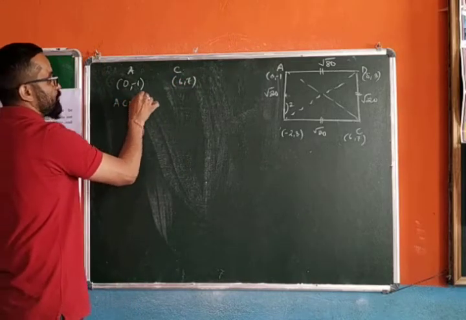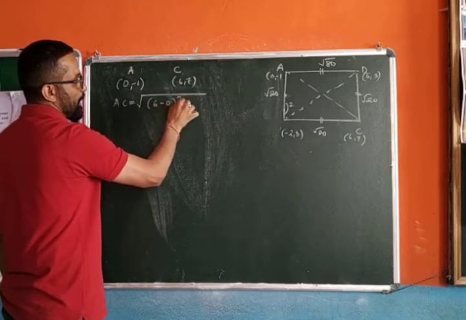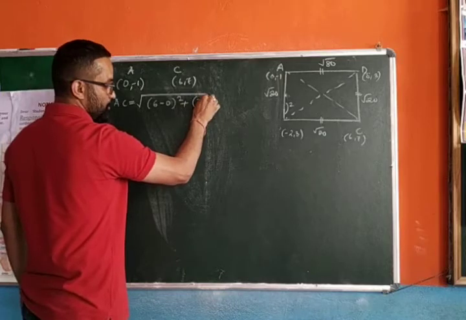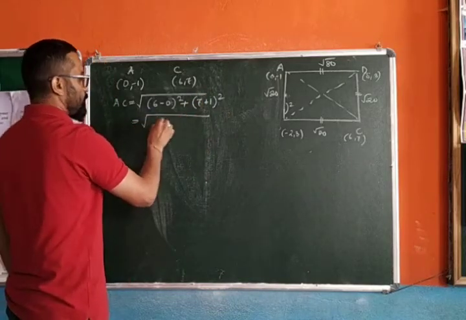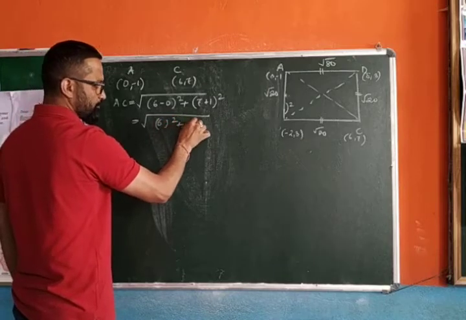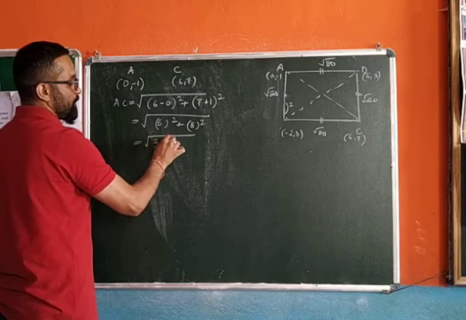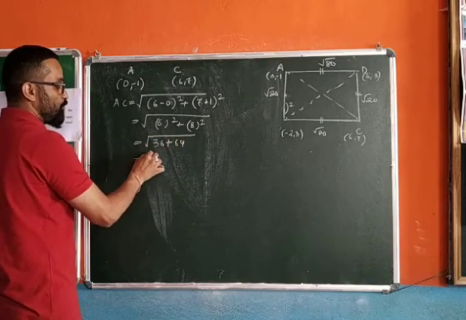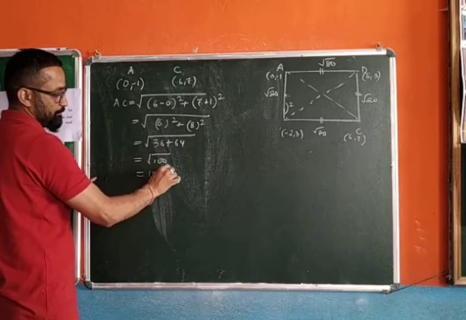AC equals root of (6 minus 0) whole square plus (7 minus -1) whole square, which is 6 square plus 8 square, 36 plus 64 equals 100. Square root of 100 is 10 units.